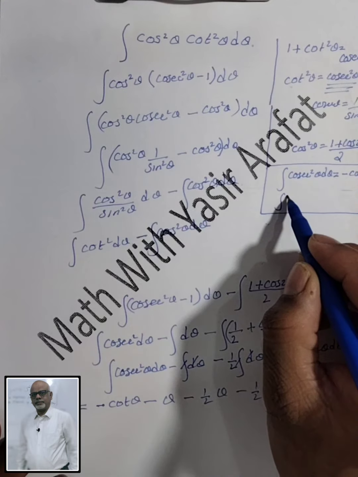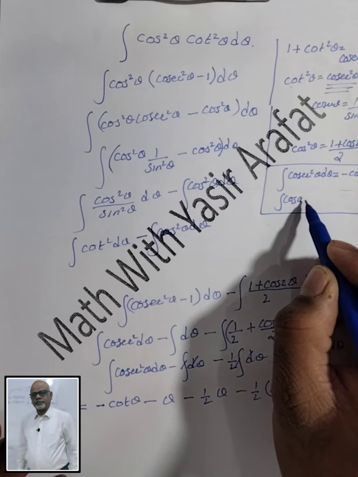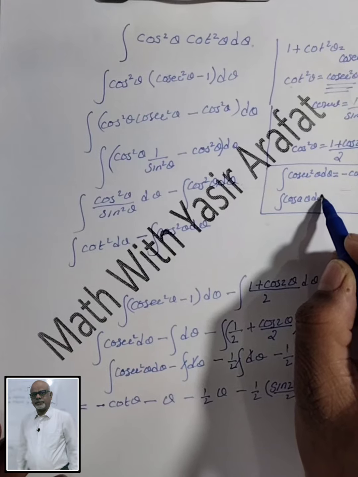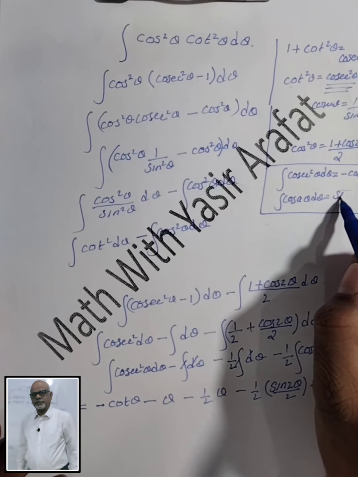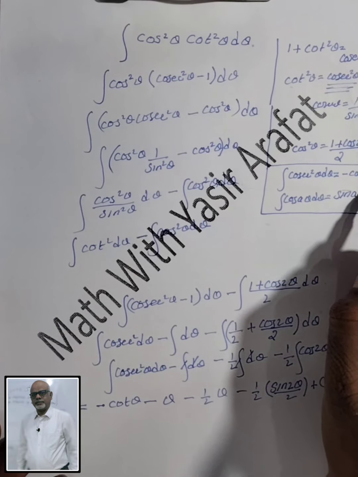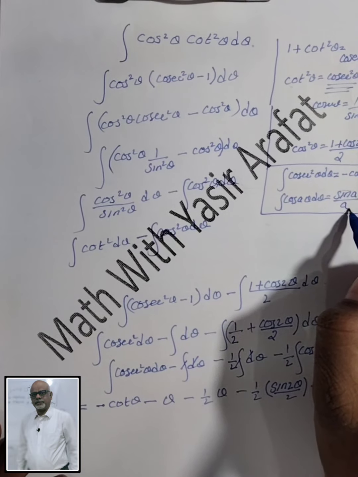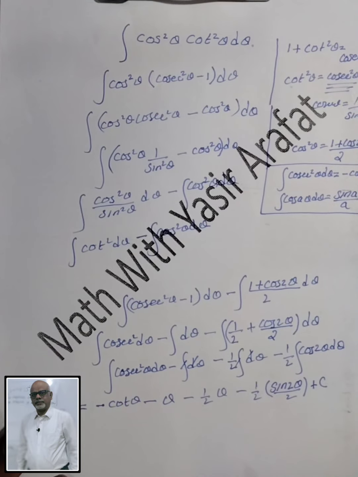Here we have the formula of the integral of cos a theta d theta, which equals sin a theta divided by a. This is its basic formula.